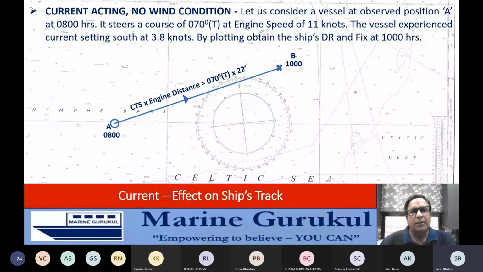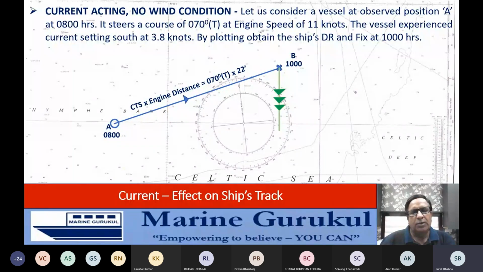Now, once at B, let us assume the engines are stopped. Ship is in complete rest in relation to the surrounding seawater. And now the current sets in, setting south at 3.8 knots. As the water starts flowing southwards, the vessel would also drift southwards. So the vessel shall start drifting over the ground in this direction as represented by the green vector.